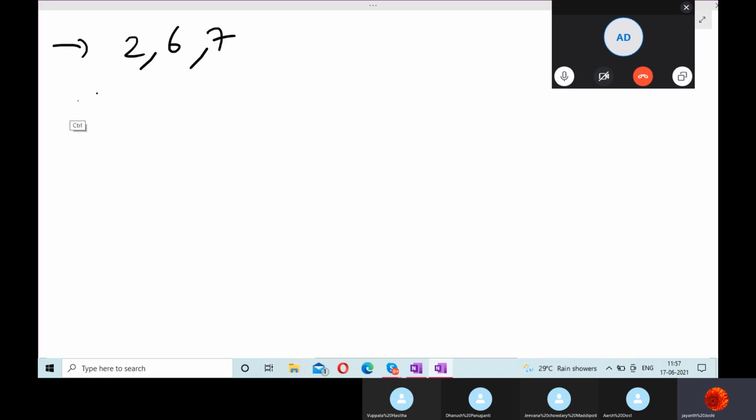What I'm asking is how many 2-digit numbers you can make. So I'm giving you three numbers, 2, 6, 7, and I'm asking for 2-digit numbers. So how many arrangements can we do?